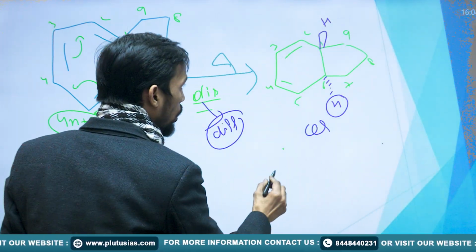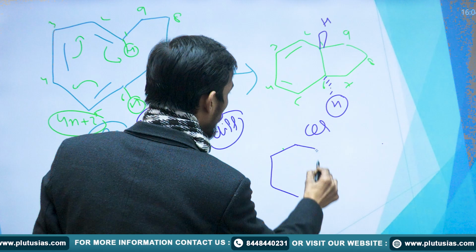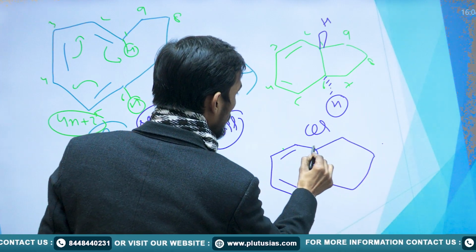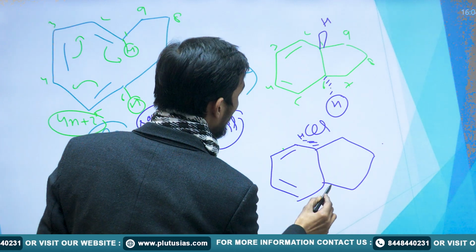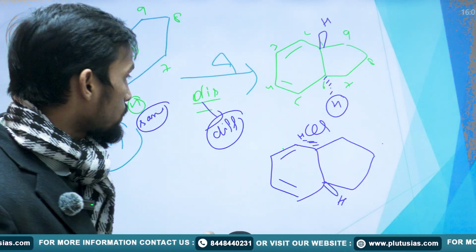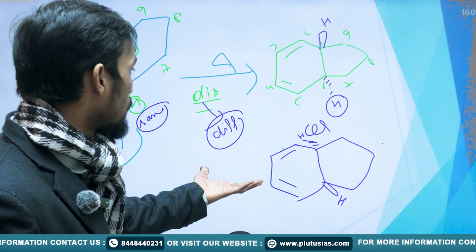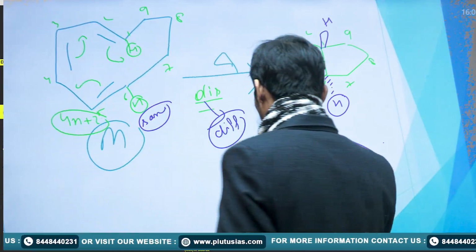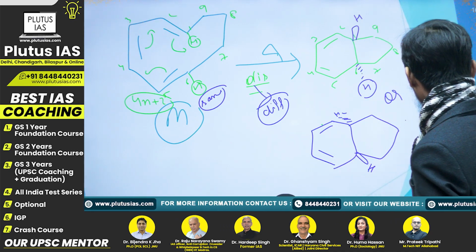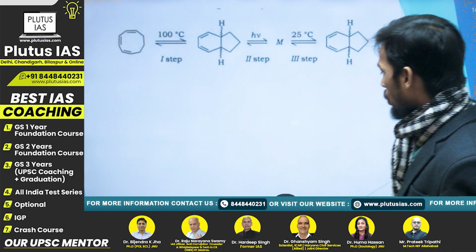We can also draw a structure like this. If this one is above the plane, this hydrogen is below the plane. The main concept over here is above the plane and below the plane. So coming back to the question, this was our question.